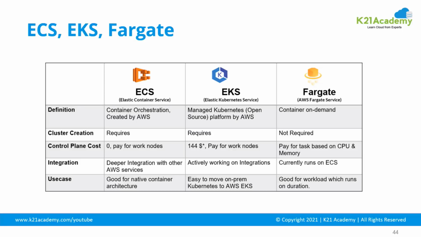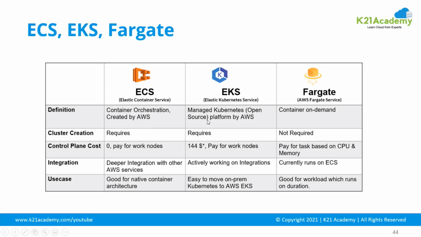Typically we have a dedicated module where we go deep into these topics, but for now, assume these are container solutions on which your microservices run. So ECS is a container platform, including orchestration, that was created and managed by AWS. If you have ever heard of Docker, the implementation of Docker in the AWS world is ECS, which is a container orchestration managed by AWS.